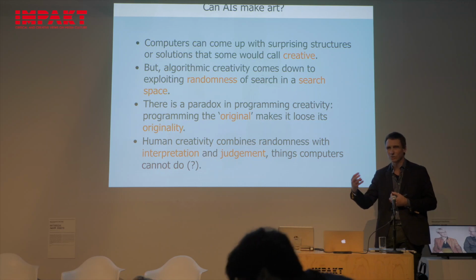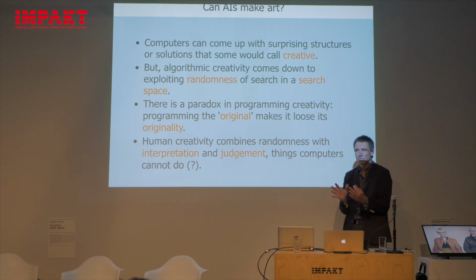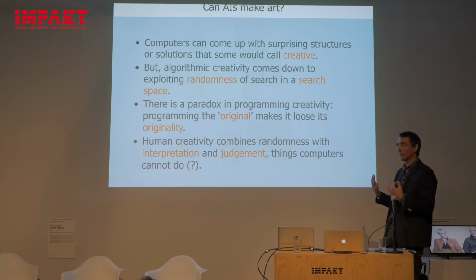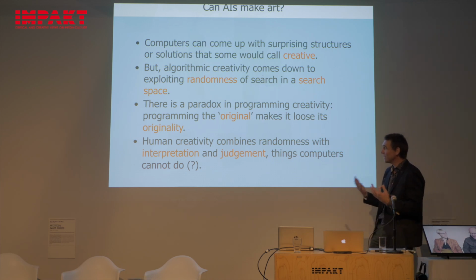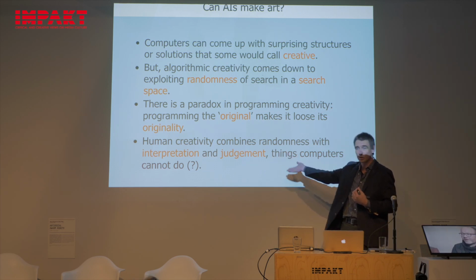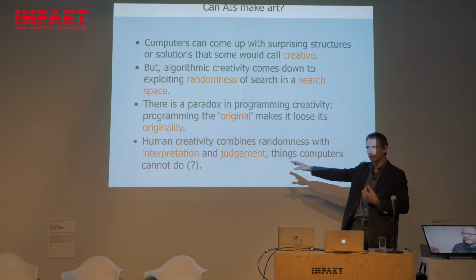Because that is where you put in your human judgment, your human interpretation of the thing, and at that point you change the whole thing, you steer it in a certain direction, and you come to an outcome that is interesting to somebody. So that is my opinion on it. As long as computers cannot do that part of the creative process, the interpretation and the judgment, of course we have all kinds of derivatives of judgments in computers.